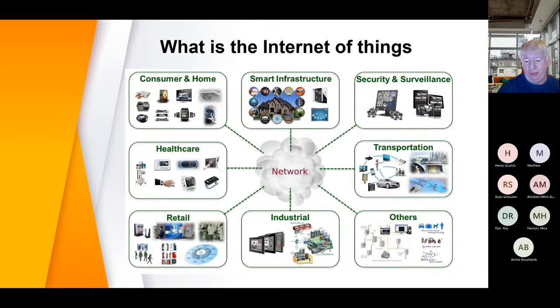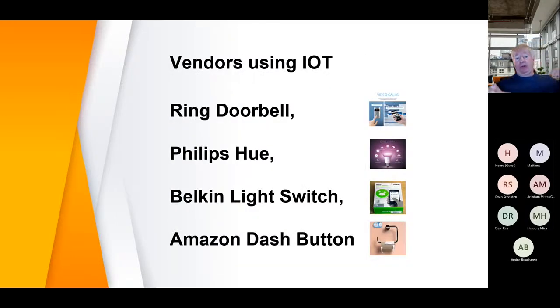So the Event Hub manages all these devices. Just go on to the next one. Some of the vendors that use IoT, as I said, include the Ring doorbell. The other one is a Philips light bulb, where you can tone down the light from your phone, or say, Alexa, turn down the light.